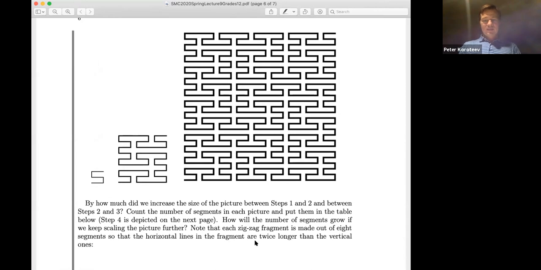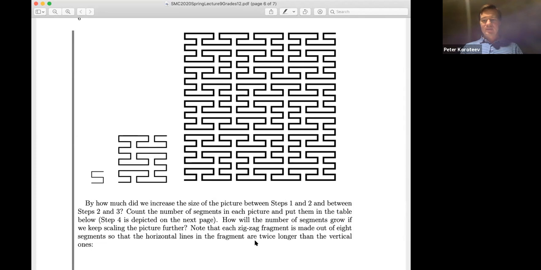And then we count the length of the side of each square in the same unit. So at step 1, the length is equal to 2. At step 2, the length is equal to what?